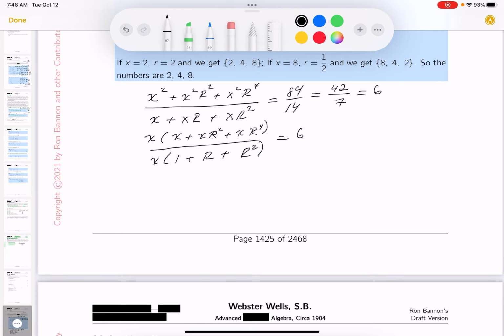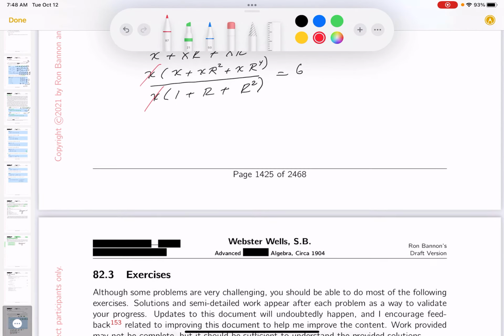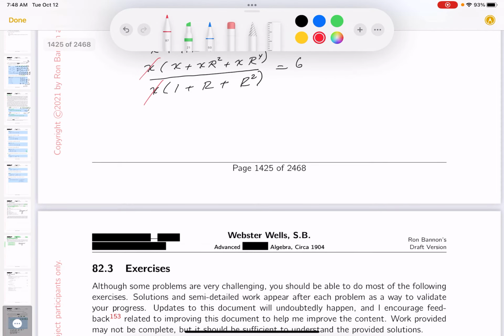All right, what happens nice here? Well, the x's cancel. Again, they're non-zero. I don't know what it is, though, but I know they cancel off. I've got to do my division now because I can't see anything else to do, and I'm hoping the division works out really nicely. So I'm going to put down 1 plus r squared is being divided into, and I'm really hoping for something nice to happen. If not, I've got to rethink what I'm doing.